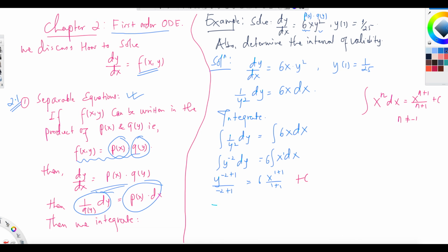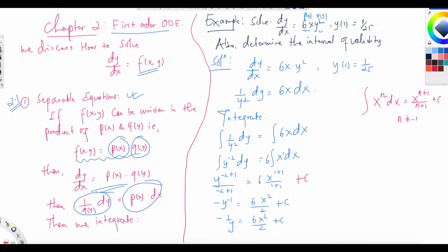Let me erase this. So negative y to the negative 1 equals 6x squared over 2 plus c. Did you see that? Now let me write this as negative 1 over y equals 6x squared over 2 plus c.